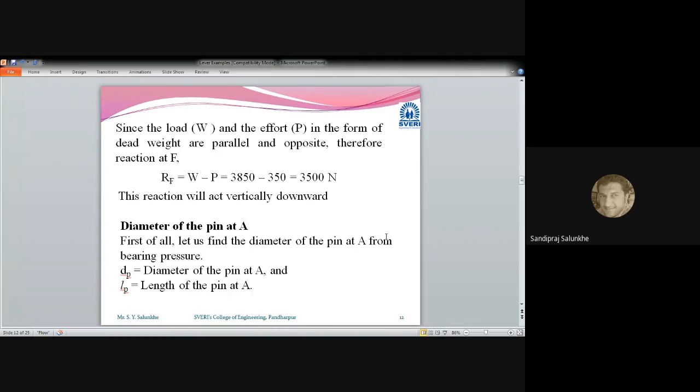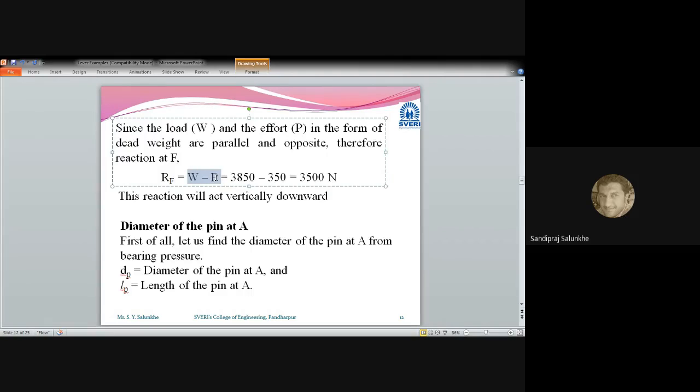Simply by taking this W which is acting in upward direction, P which is acting in downward direction, if you take the summation of all vertical forces equal to 0, then we can say this RF is equal to W, which we consider as an upward force, minus P, which is a downward force. That's why it is minus.